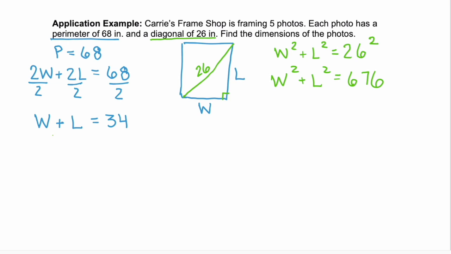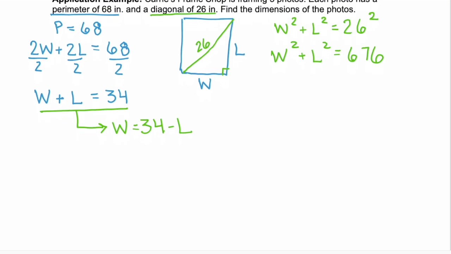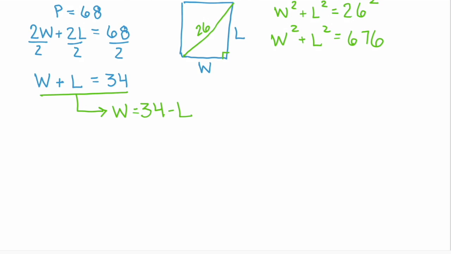I say we rewrite this first one in terms of W. So W equals 34 minus L. And we're going to substitute it into that second equation. So W squared. W is now 34 minus L, and it's squared, plus L squared equals 676.